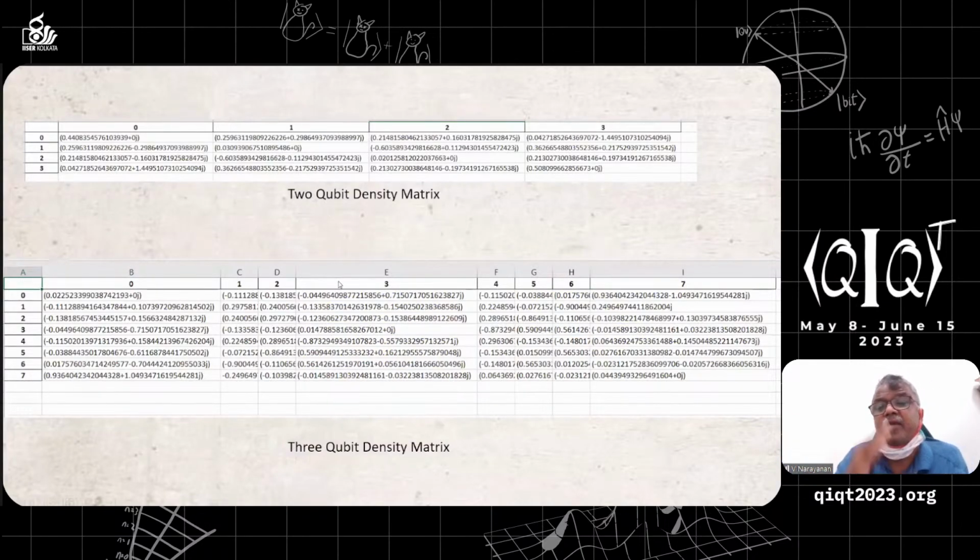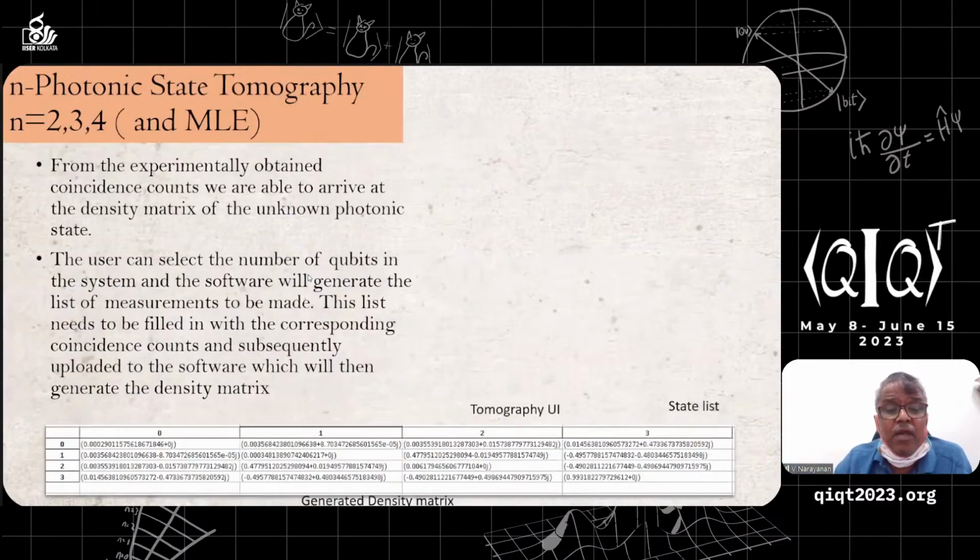From the experimental data you get the closest physical state by using this MLE technique with the appropriate cost function. We developed this in-house, and we cross-checked with some of the openly available resources. So one constructs the photonic state using this MLE technique, which reasonably works fine.